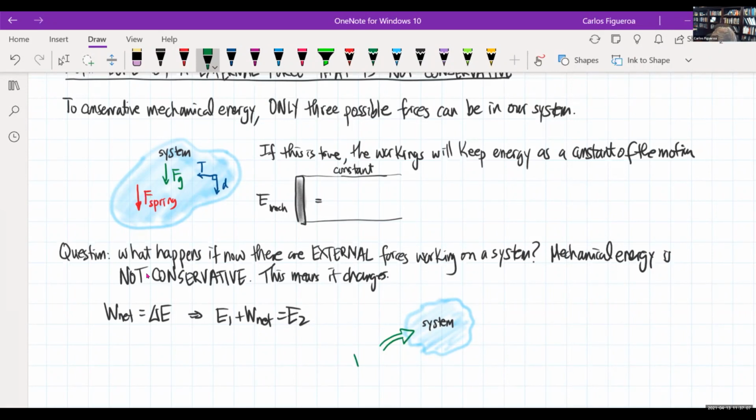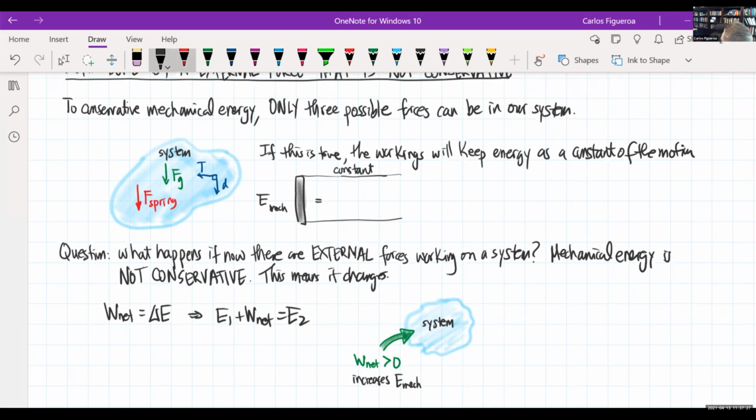If the net work is positive, then the energy flowing into my system is going to do what? This tells me that it increases E mechanical.